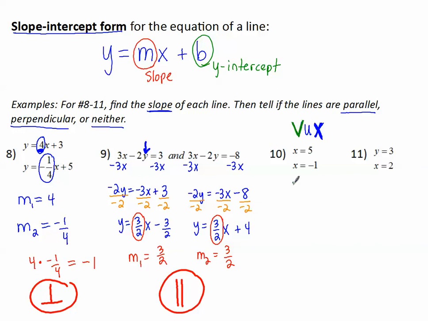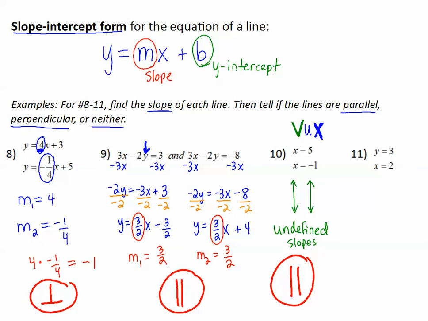So these are two lines that are vertical, both straight up and down. I don't have to do any work for these. I know that they are undefined slopes, and therefore the lines must be parallel because they're going in the same direction, up and down. Parallel lines.